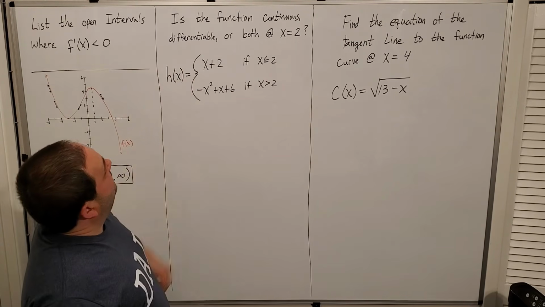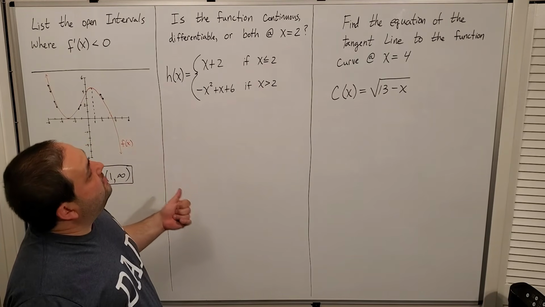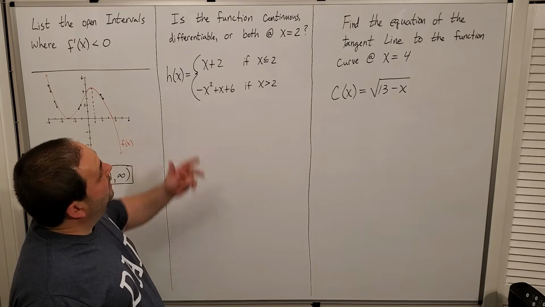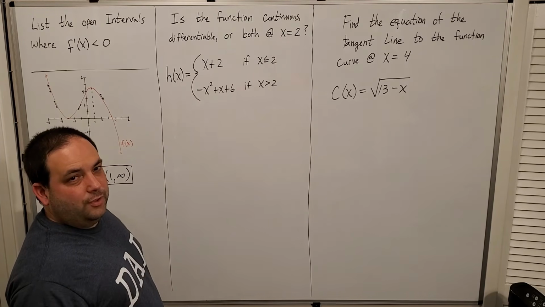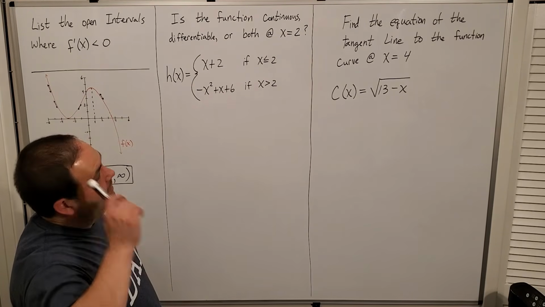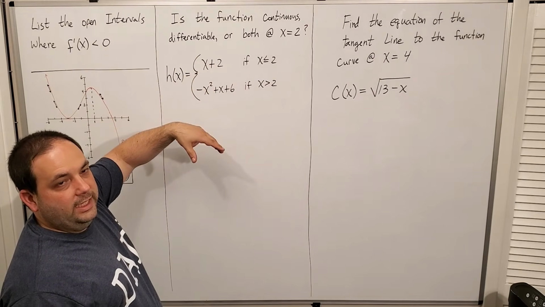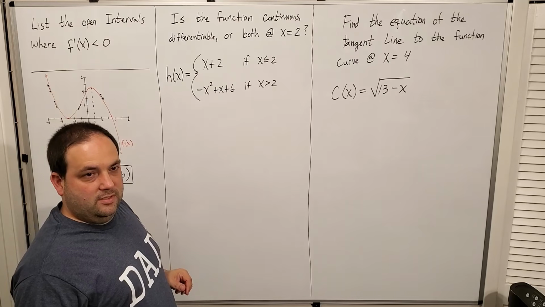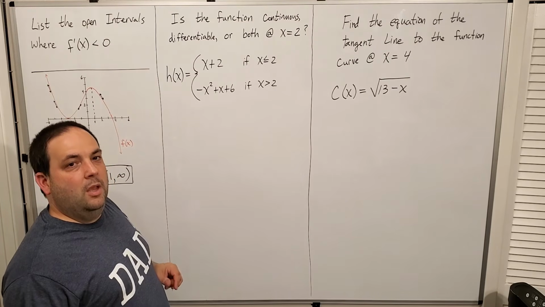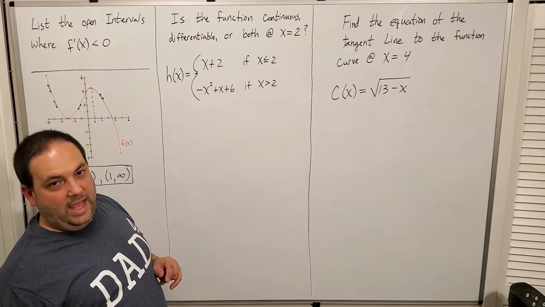Next, given this function h of x, is the function continuous, differentiable, or both at x equals 2? There's a little bit of a trick in the wording that you have to pay attention to. You can't be differentiable only in this case. If you're differentiable, you're also continuous. If you can take a derivative, being continuous is one of the conditions that's necessary for that.